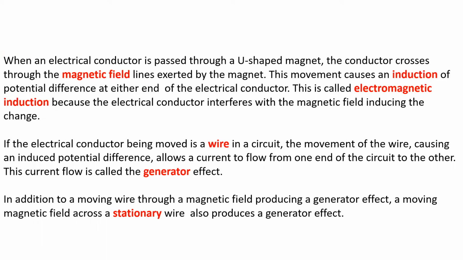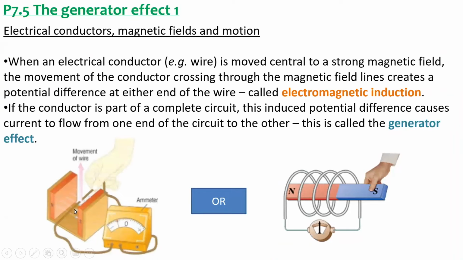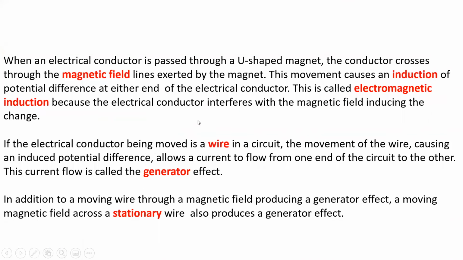When an electrical conductor is passed through a U-shaped magnet, the conductor crosses through the magnetic field lines. Let's look at the magnetic field, drawn there in light blue, magnetic field lines exerted by the magnet. This movement causes an induction of potential difference, another word for voltage, at either end of the electrical conductor.